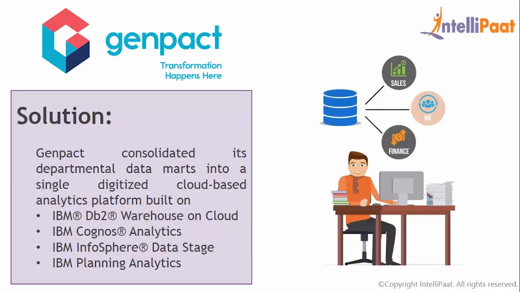To integrate data from diverse functions such as sales, finance, and HR, Genpact moved from its existing Oracle and Informatica solutions and established a central data warehouse built on IBM Db2 Warehouse on Cloud. To transfer data from the operational systems to the data warehouse for analysis, the company relies on ETL processes powered by IBM InfoSphere DataStage on Cloud.